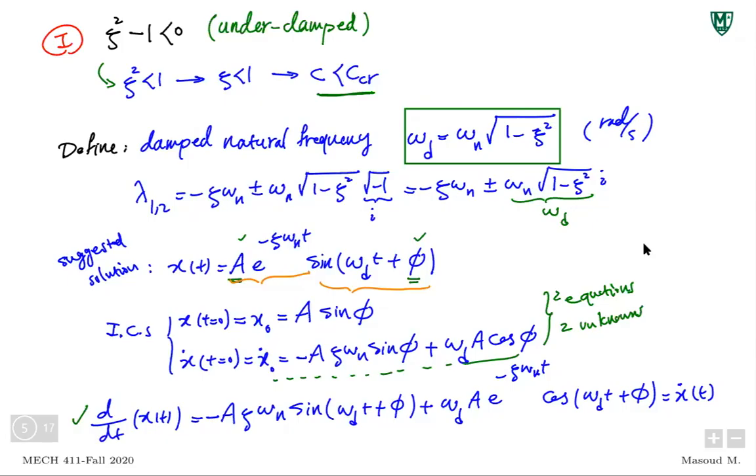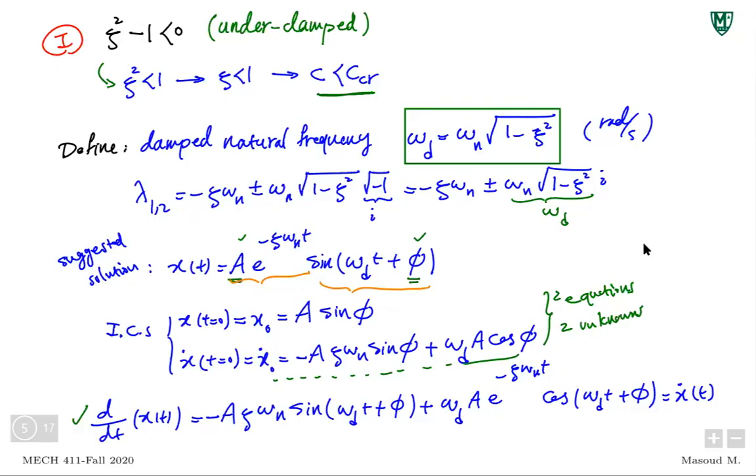So for an undamped system, T was 2 pi over omega n, when we had no damping. Now for a damped system, the time period is 2 pi over omega d. Omega is in the denominator.